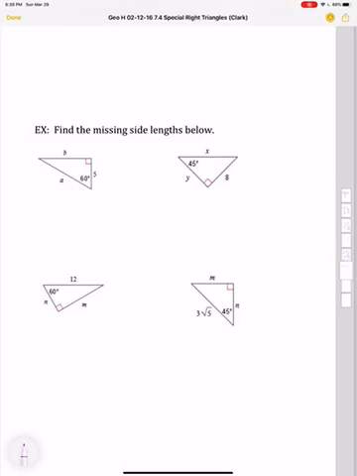Okay, so I'm going to do these to explain as I go as well. So that's 60, 30, 60, 90. Oh, finally, I know that one's 5, so that's 10, and this is 5 root 3. I have to multiply by the square root of 3. Okay, 45, 45, 90, that's 8, this is 8, and this is 8 root 2.